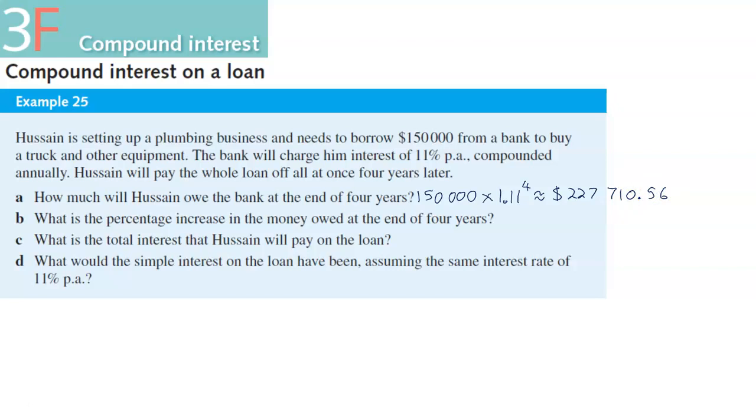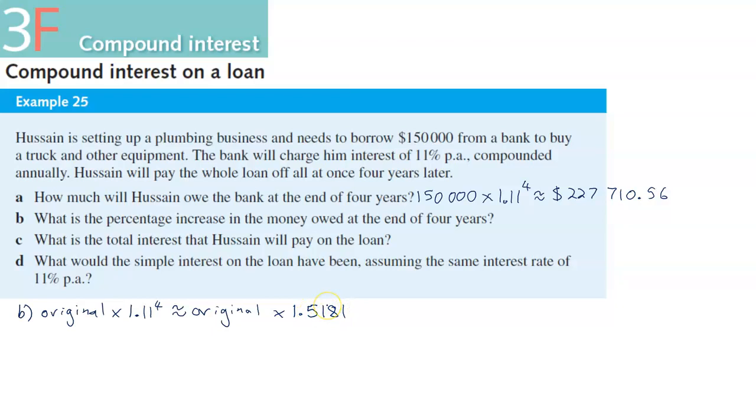The percentage increase over that time, so I'm going to do this down here. So it was my original amount multiplied by 1.11 to the power of 4. Evaluate this part here. So that's my original amount multiplied by about 1.5181.